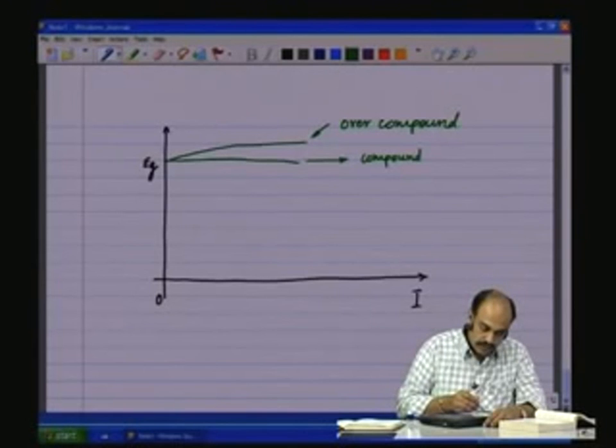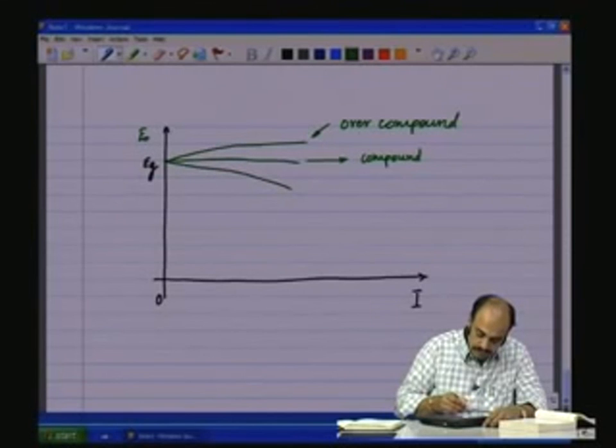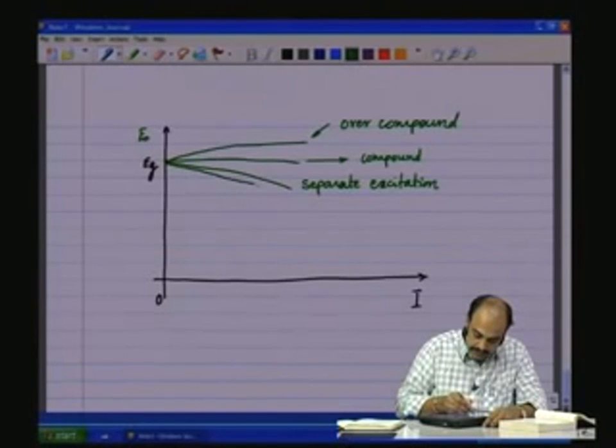And then in the case of the separately excited machine, with the load, the E naught value will dip. Let us say this is the separately excited excitation, and if you have the shunt excitation, it is slightly poorer than separate excitation.